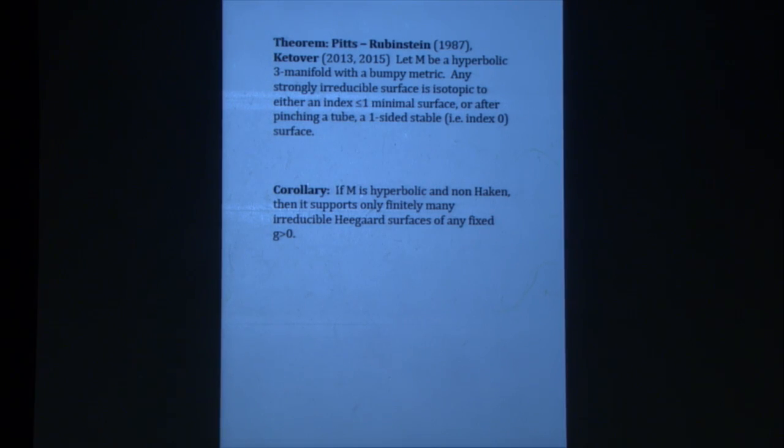If you have a hyperbolic three-manifold, with this metric of constant -1 curvature, and you perturb it generically, then any strongly irreducible Heegaard surface is isotopic to one that's either an index at most one minimal surface, or a one-sided surface with a two-fold cover and a little tube put on. Or said the other way, you could pinch a tube and the thing collapses down to a one-sided surface.